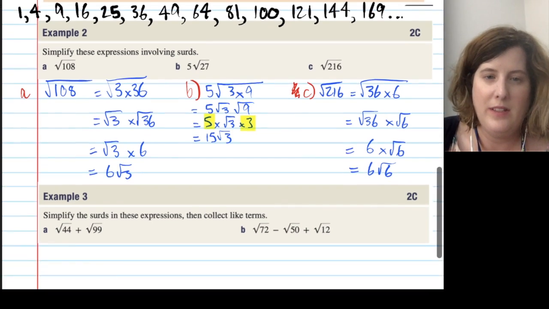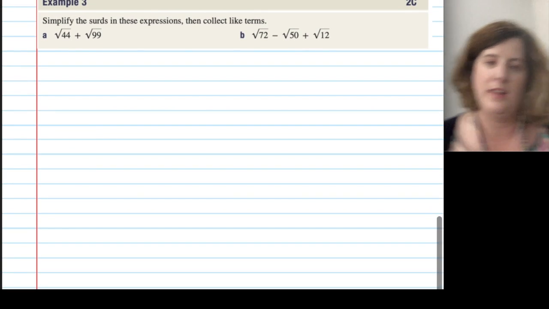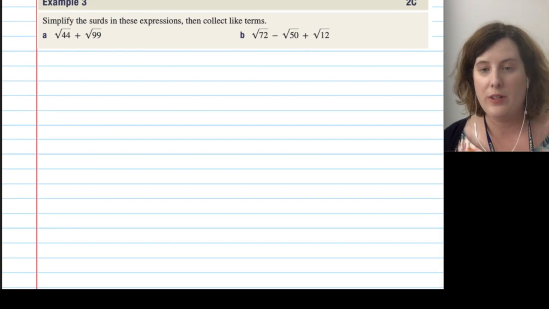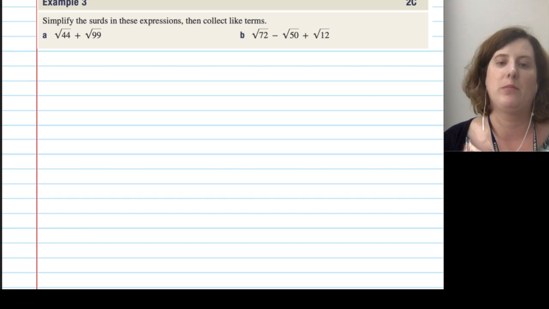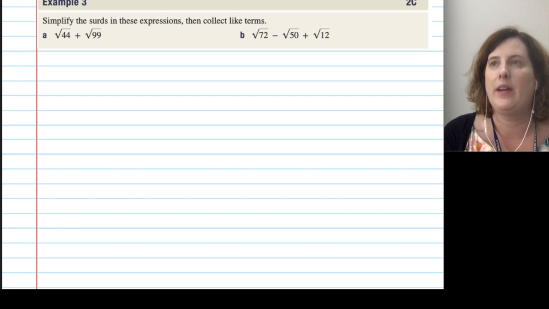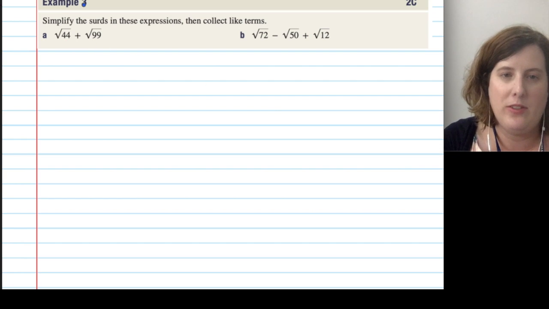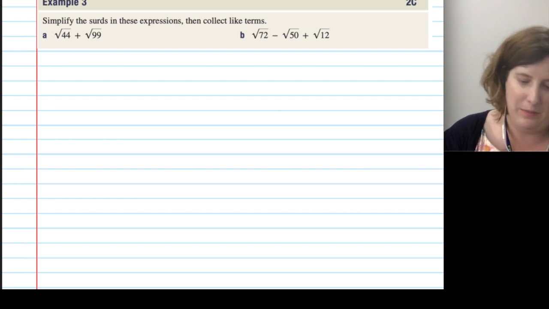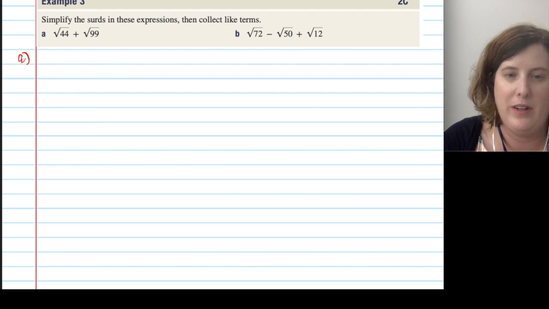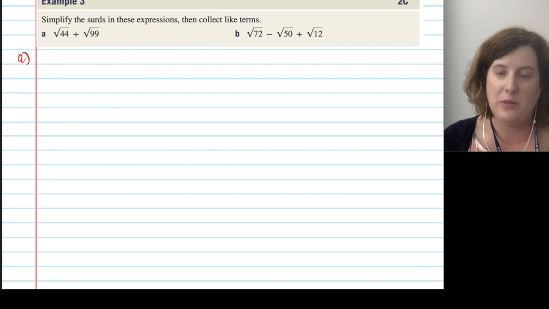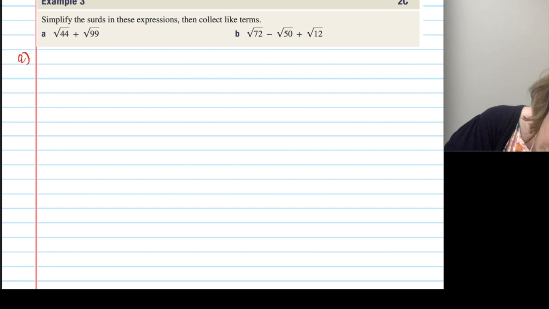Okay, example 3, looking at these questions, you can only add and subtract surds when it's like algebra. You've got to have your like terms, like x plus y you can't do, but x plus 3x you can. So with this first one, example A, we've got root 44 plus root 99. I'm going to simplify this as much as possible. So I know root 44 is 4 times 11.